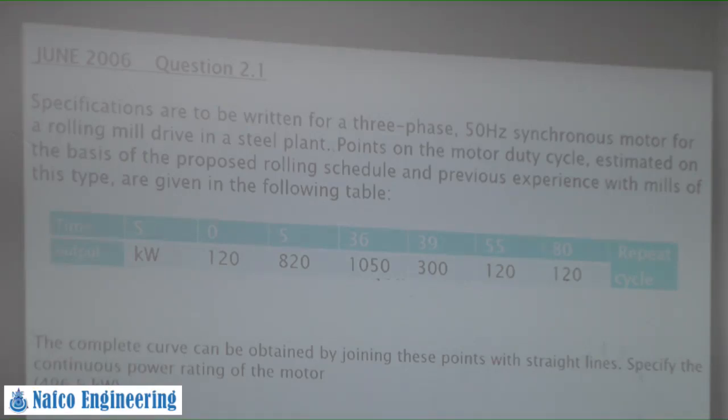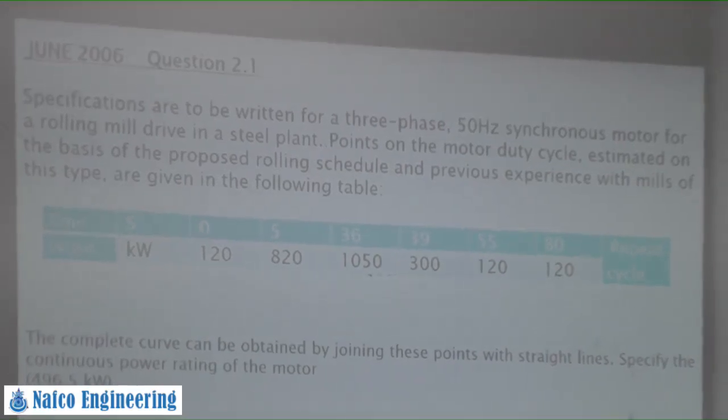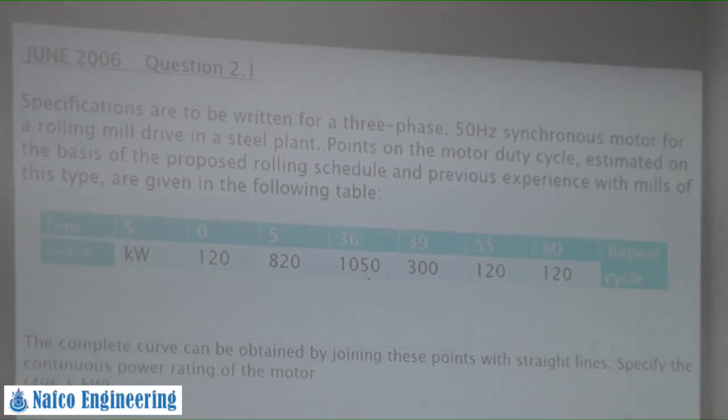So it will just be a very big waste if you buy such a motor. And you might not buy a 120 kilowatt motor. If you do that, it means that in some stages, your motor will be overloaded.